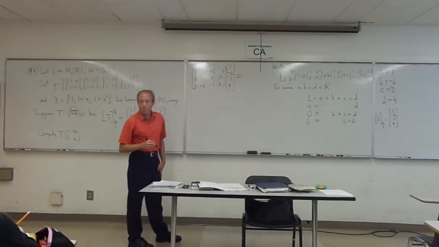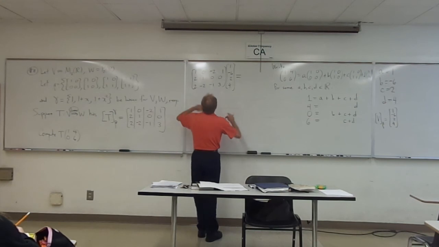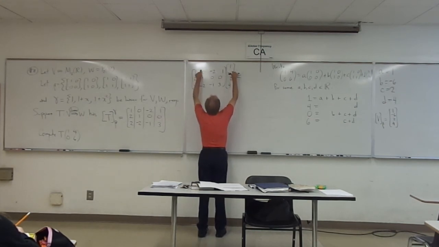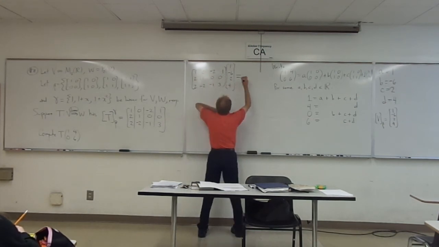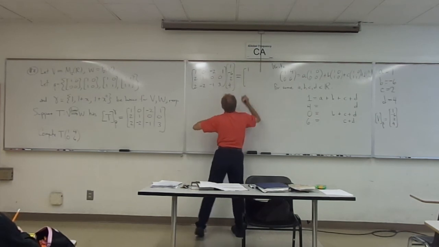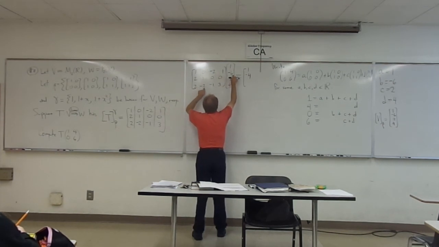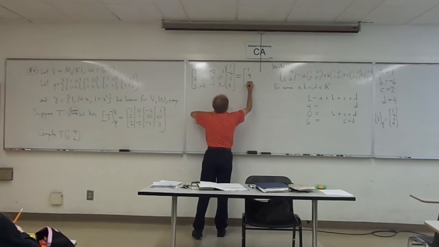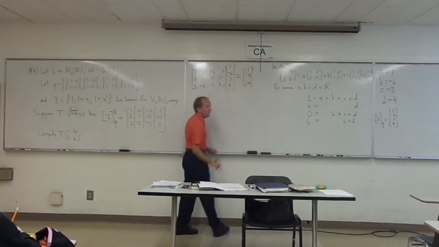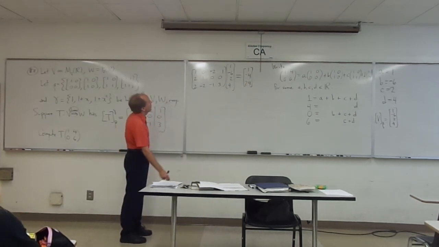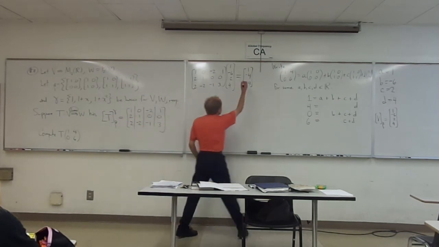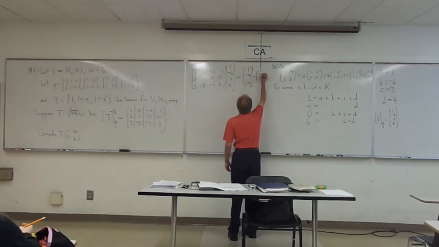So we just have to multiply matrices together here. 1 plus 0 minus 4 plus 4 is 1. And then 2 minus 6 is negative 4. And then 2 plus 12, which is 14, minus 2 is 12, plus 12 is 24, I believe. Did I do it right? And this that we just got, that is T of V with respect to gamma.